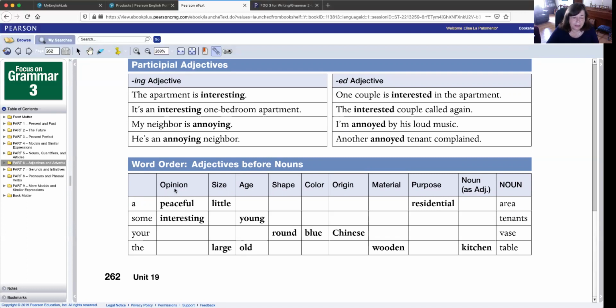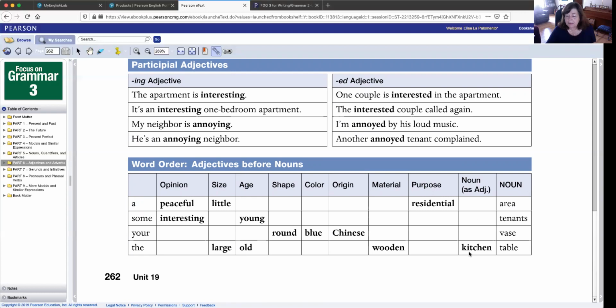So we have opinion first, then size, then age, shape, color, origin. Origin means where it's from. Here they have Chinese. We're going to look at these sentences. Material, what it is made out of. Purpose, how do we use this.